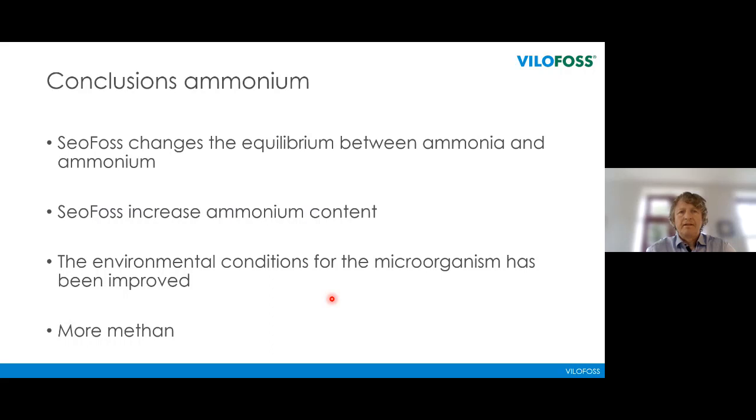But just summing up here on the ammonium, with the Seofoss you are able to change the equilibrium between ammonia and ammonium. You get more ammonium, and the ammonia is decreased, and that means we have improved the condition for the microorganism, and we will get more methane output.